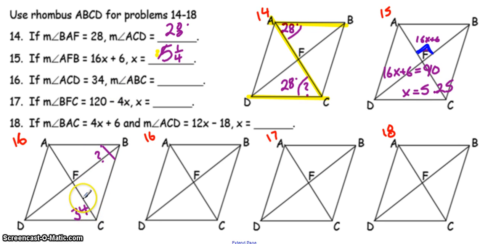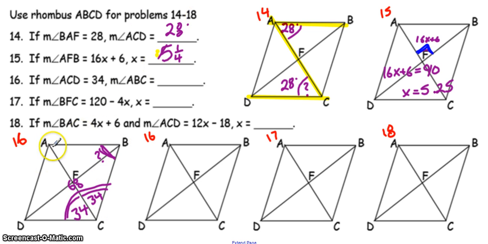One option is to recognize that in a rhombus, the diagonals bisect the angles, which means if this is 34 degrees, this angle here will also be 34 degrees. And the total angle here, altogether, will be 34 plus 34, which is 68. Since this is 68, we can get the angle up here, because remember, consecutive angles in a parallelogram are supplementary.